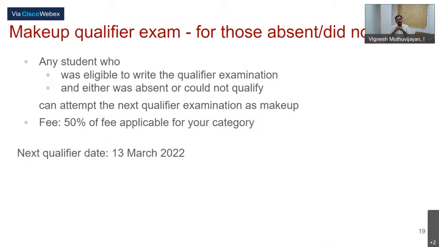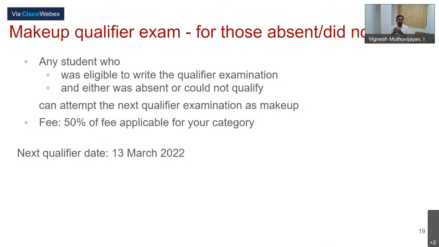There is also a makeup qualifier exam for the students who are absent or did not qualify. Any student who was eligible to appear for the qualifier exam based on their assignment scores, and was absent or could not qualify, can attempt the next qualifier exam as a makeup.